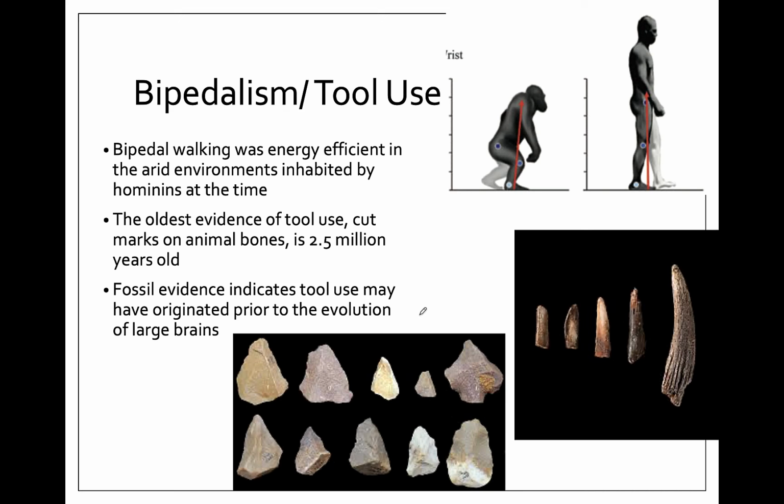And so arboreal locomotion wasn't necessarily as adaptive anymore because there were fewer places to live that were arboreal. These arid environments, and arid means dry, became more inhabited by hominins. So we believe that bipedalism occurred around the same time as moving into these dry, open plain lands rather than living in trees.